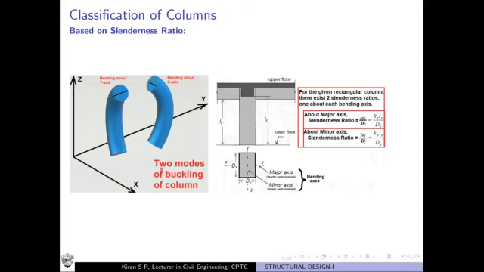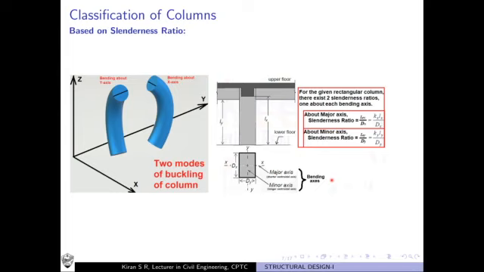Anything can be done, but not in the case of rectangular cross-sectional columns, in which the axis along the shortest dimension we call the major axis, and the axis along the longest dimension we call the minor axis. So these are the two axes of bending. Here again, as we discussed in circular columns, the bending can occur about the x-axis or y-axis. So we call them bending axes.